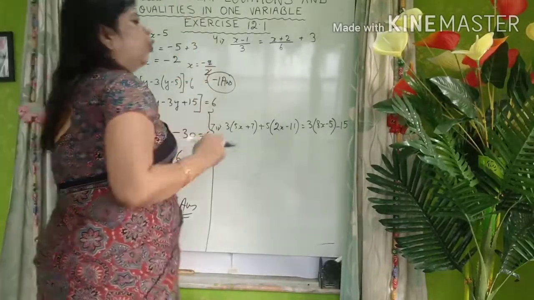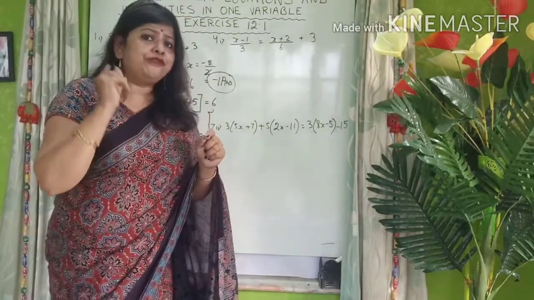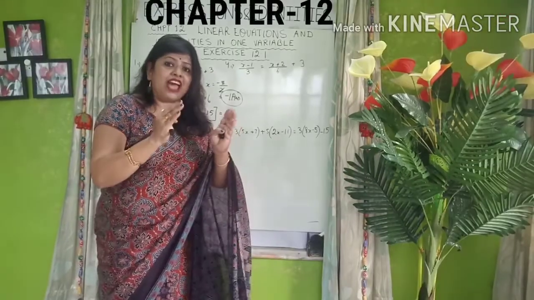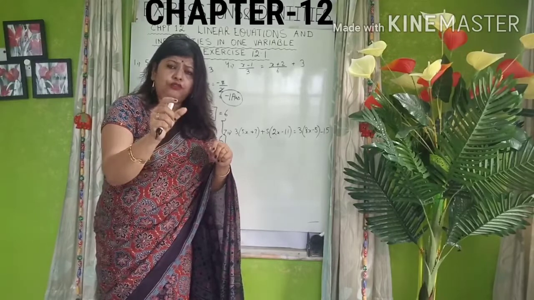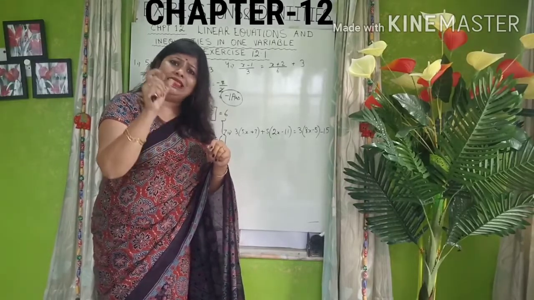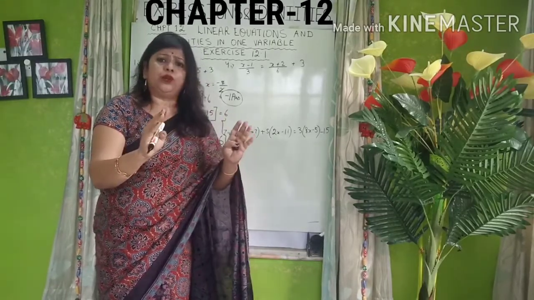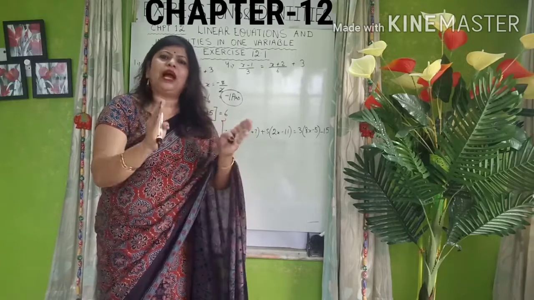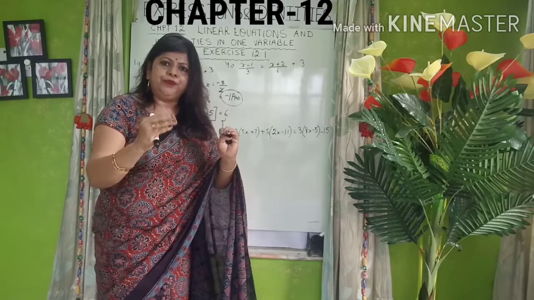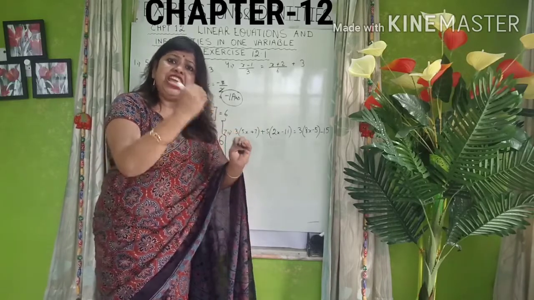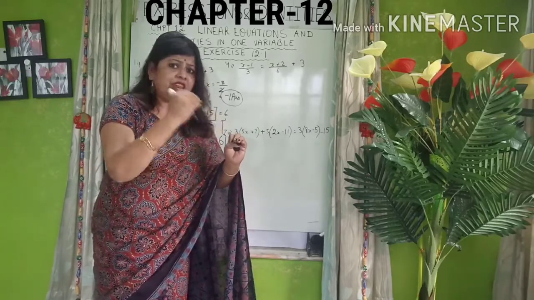See question number 4. Now in question number 4 you see, children, you are having a fraction here. So how will you solve a fraction with a literal? Very simple. What you have to do? You have to take out the LCM of the denominators and you have to multiply each term. Be very careful.